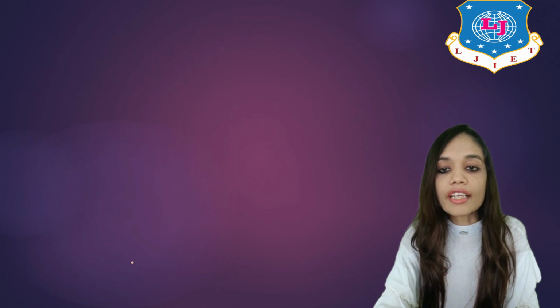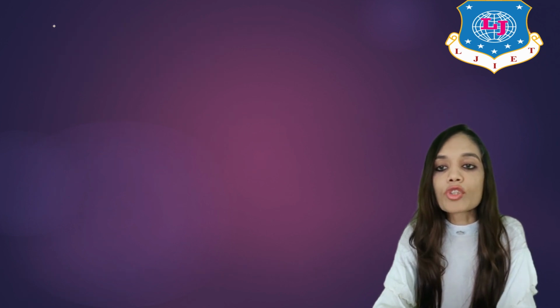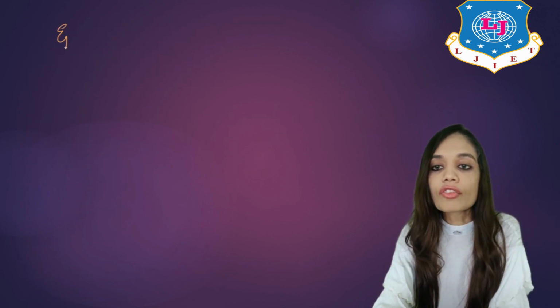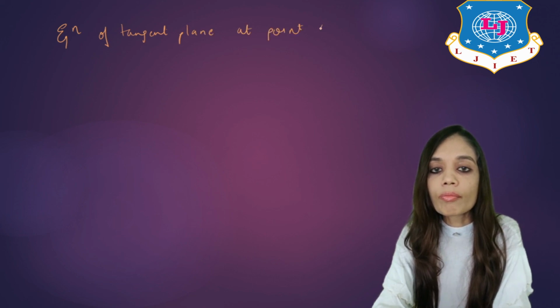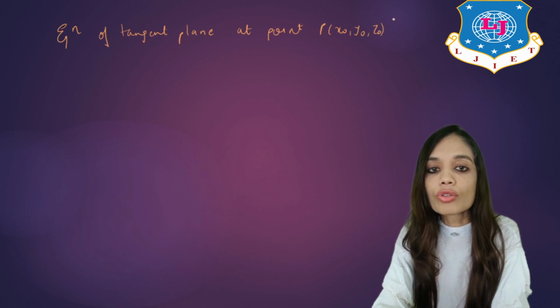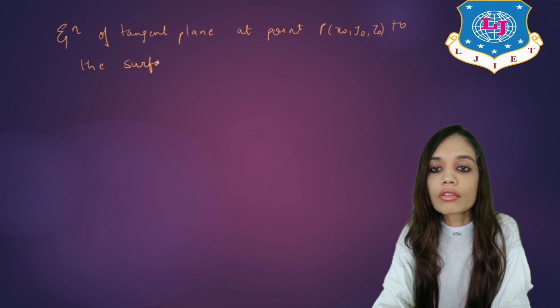So in today's lecture you have studied two types of equations. First, we have studied how to find the equation of the tangent plane at point P (x0, y0, z0) to the surface f of x, y, z equal to 0.